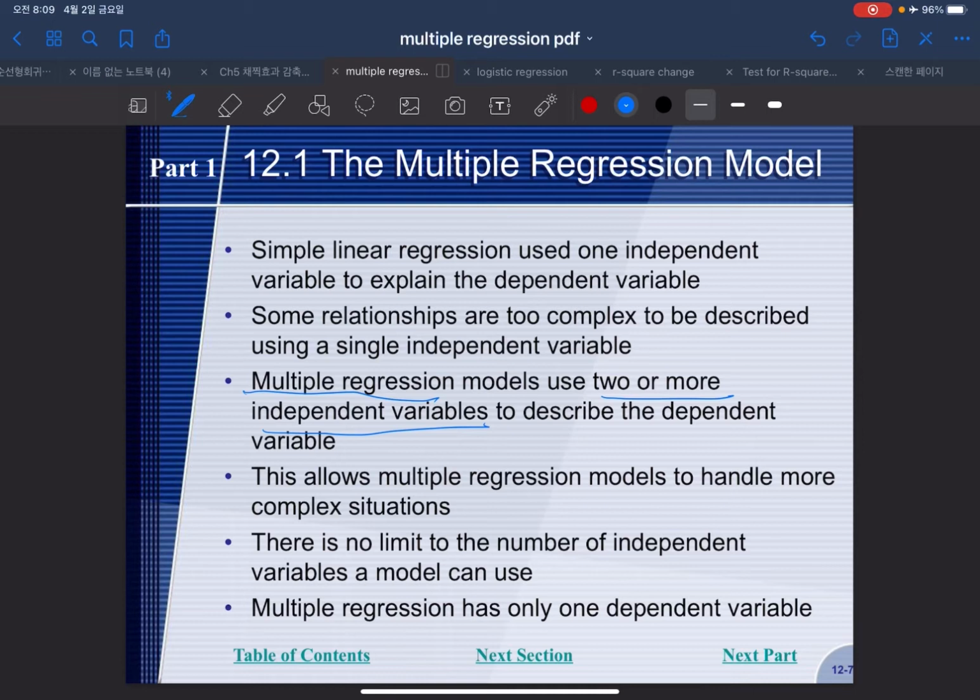Okay, so just like the simple regression, we want to find the equation which represents the relationship between independent variables and the dependent variable, right? So just like if we have two independent variables, we want to find the equation like this.